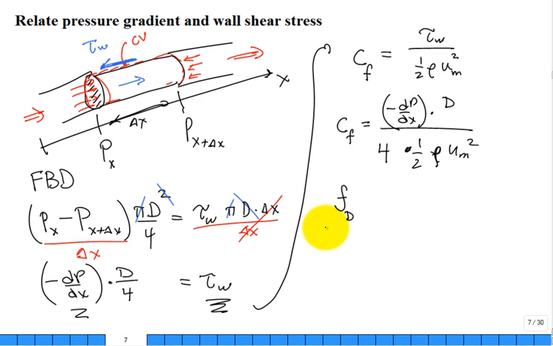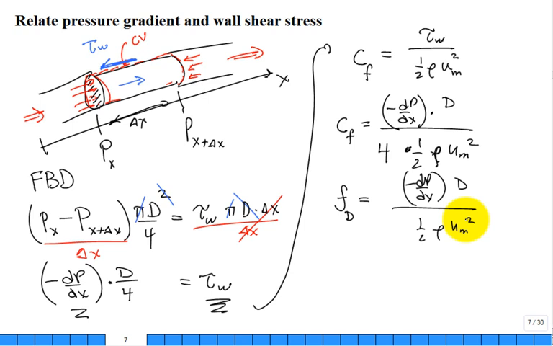But it's a friction factor in most Moody diagrams, not all of them, most Moody diagrams. And so then you say, well, what was the definition of that friction factor? It was like negative dp dx, you had the d, and you had the 1/2 rho um squared.